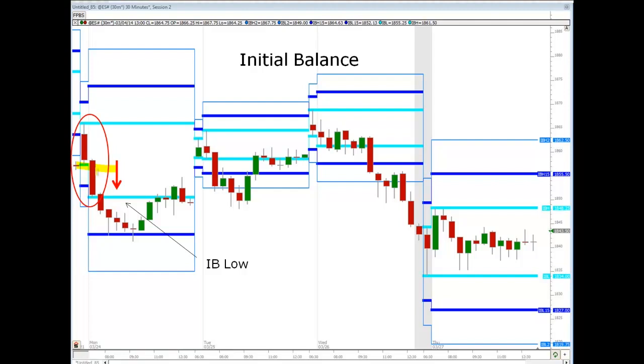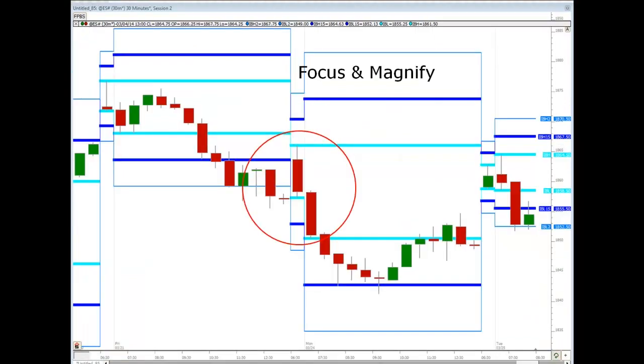I prefer techniques that you will see now that use more of a structured analysis of what's going on in the market and what's happening in price. So let's actually take a closer look at what's happening here during the initial balance period.